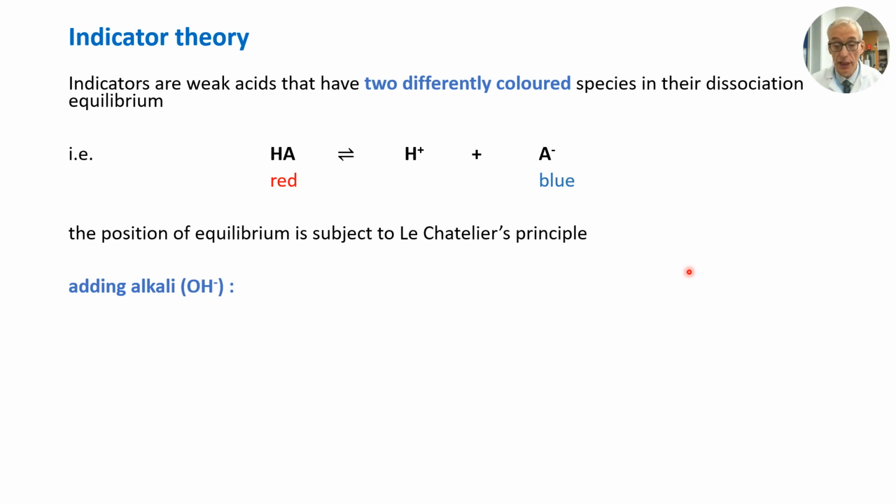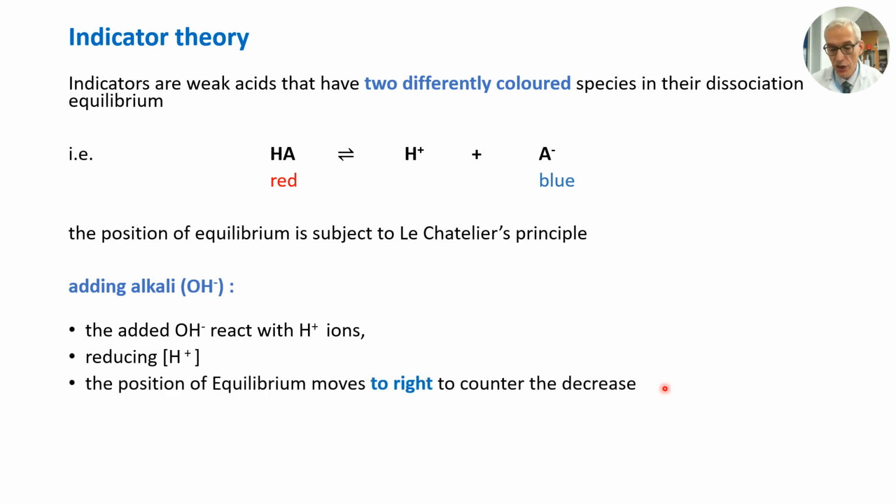Okay, so here's my argument. The added hydroxide ions react with hydrogen ions. Please note, we need to affect the concentration of hydrogen ions. Hydroxide ions do not appear in this equilibrium equation, only hydrogen ions. So hydroxide ions react with hydrogen ions, reducing the concentration of hydrogen ions.